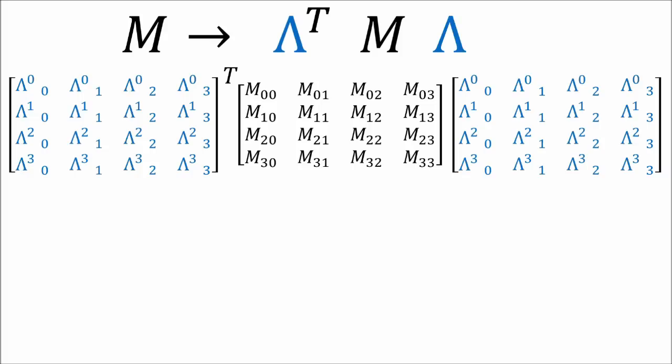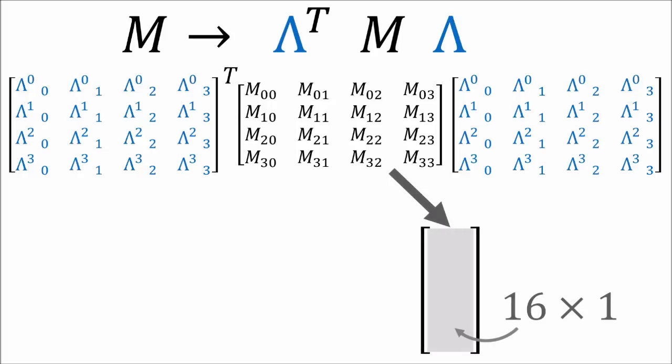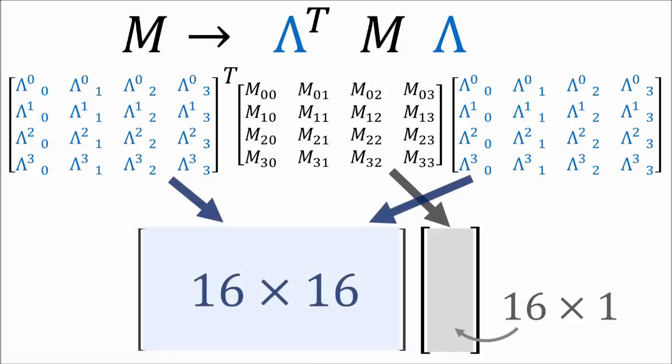M has 16 components, so it transforms under a 16-dimensional representation of the Lorentz group. This means we could choose to write M as a 16-component column and write the tensor product of lambdas as a 16 by 16 transformation matrix.